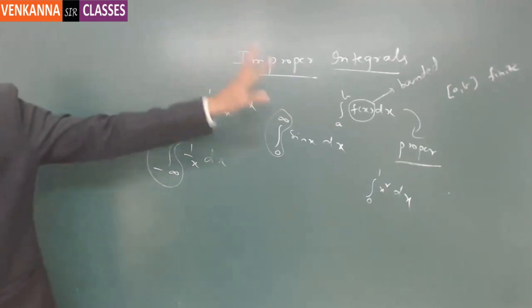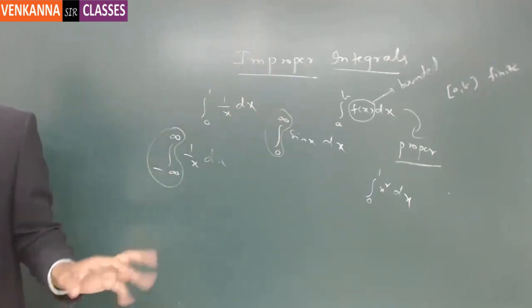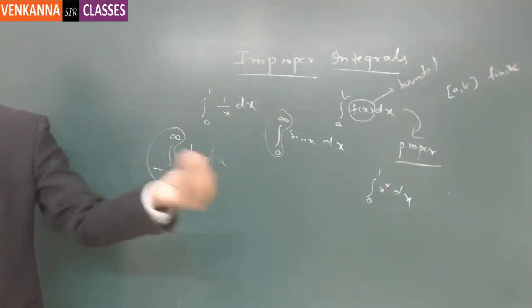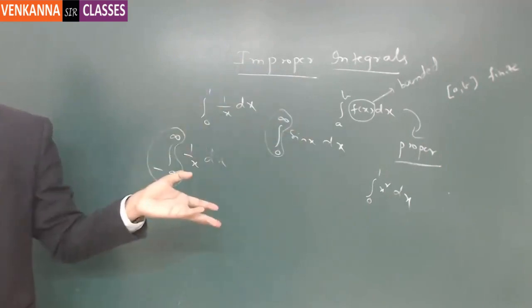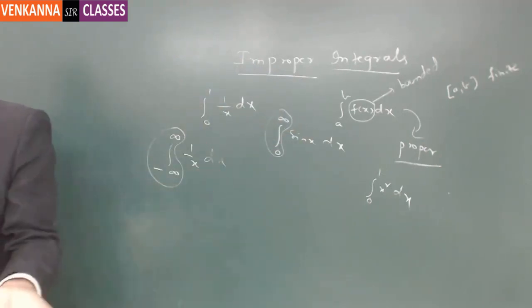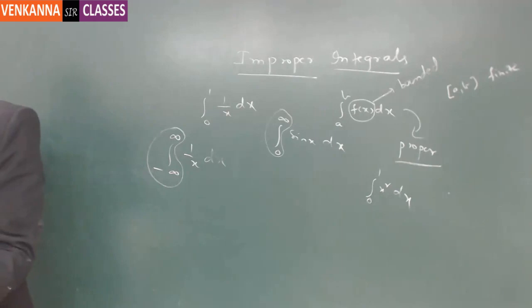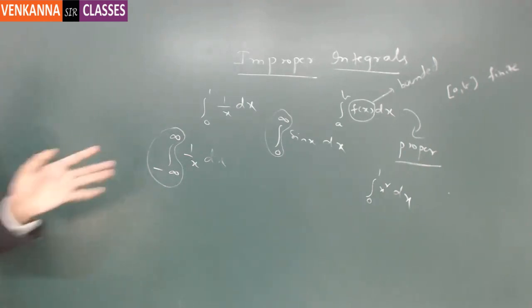So the whole summary of this chapter is: whenever an improper integral of this type is given to you, how to find its integral value. That's it. What is the formula and what technique you are using. There is no theory at all. Theory is there, but we are not learning the theory. We are just learning the formula, how to solve a problem. It is just like doing integration one more time. That's why it will be very interesting to all.